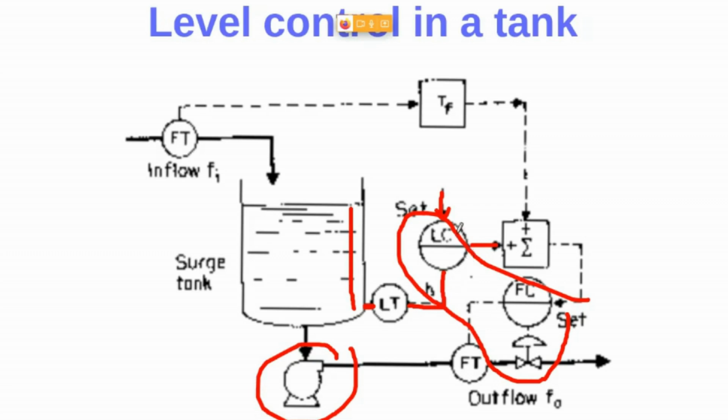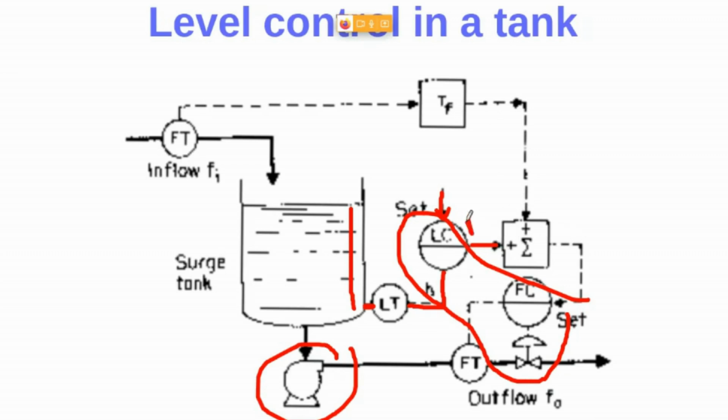But as you can see, this is the primary loop and this is the secondary or auxiliary loop, we can see that here we add a different signal, right, to this controller action.